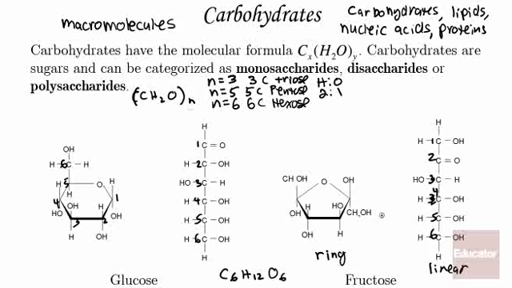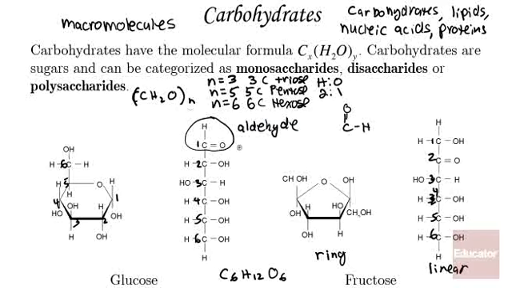Now, another thing that I mentioned before is the location of the carbonyl group, the C double bonded to O. Looking first at glucose, you'll see that this C double bond O, H, right here, this carbonyl group is on the end. And recall that when it's on the end, we call that an aldehyde. So this is what we call an aldehyde sugar or an aldose sugar. So glucose is an aldose sugar.